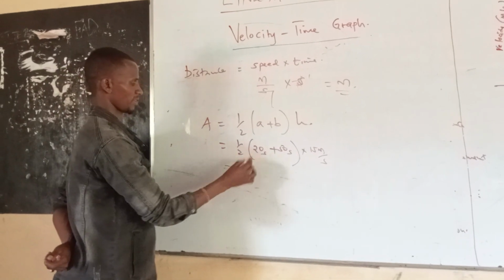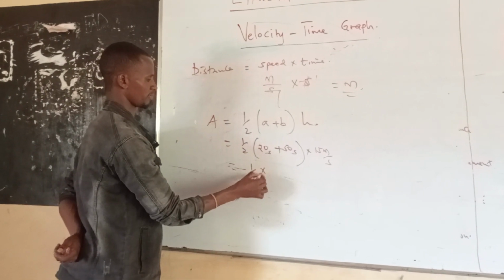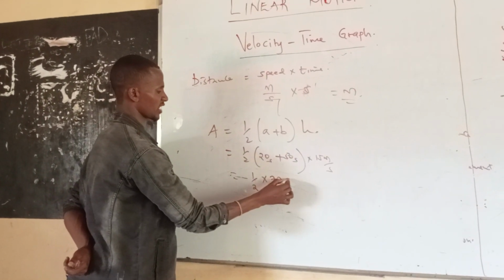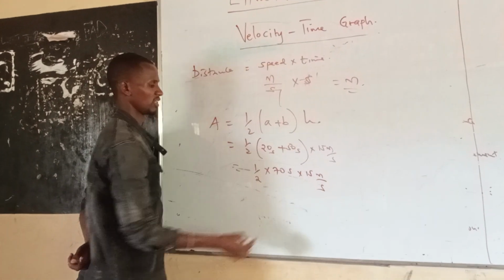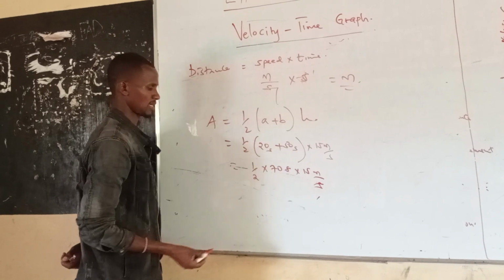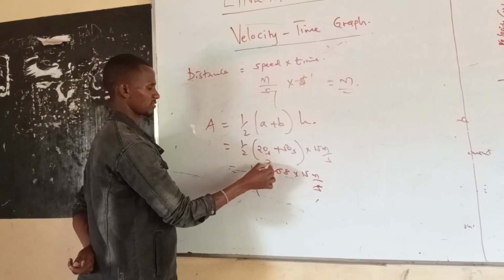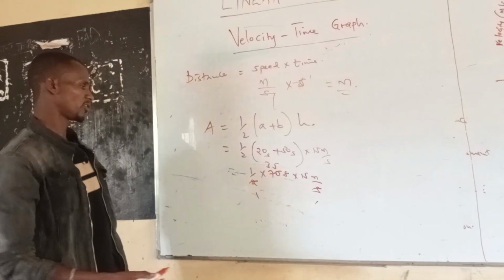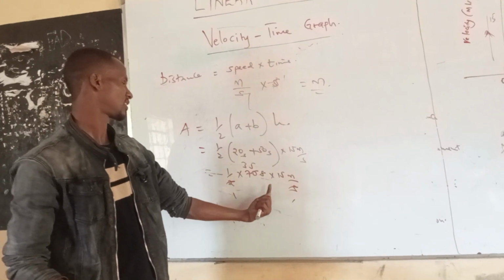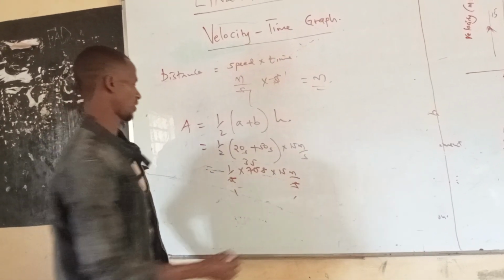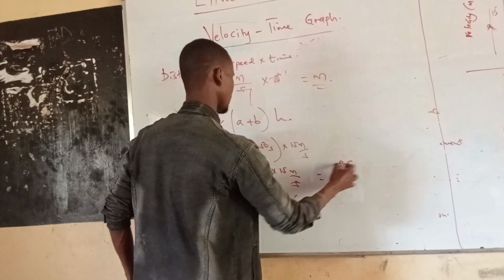If you simplify this, you get a half multiplied by 70 seconds multiplied by 15 meters per second. The seconds cancel, leaving 35 times 15, and you'll find that the unit is in meters.